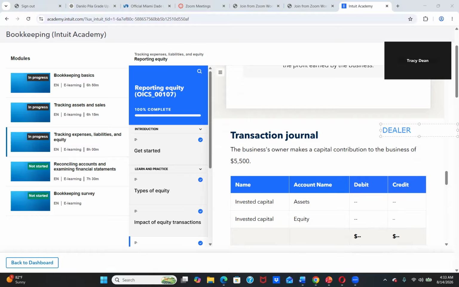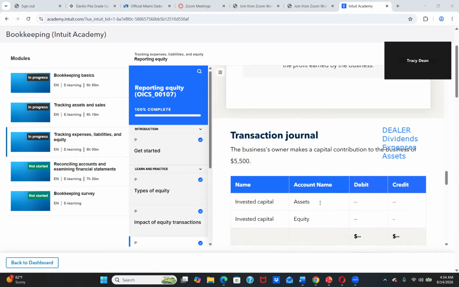A quick way to remember: the first one is dividends, expenses, and assets. So here, the first three are normally debited. So now that we know the first three are debited and we make a capital contribution, that means our cash is going to increase, which is an asset. So our assets will be debited.